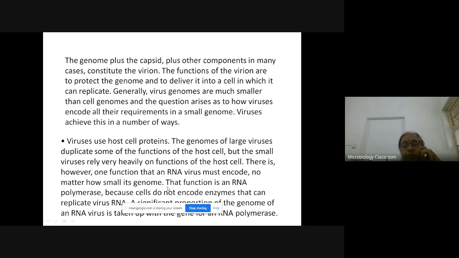The question over here is, how is it that the proteins or the ribosomes or the cellular machinery, the enzymes of the cell itself, whether a eukaryotic or a prokaryotic cell, are now responsible for decoding of the genetic material of the virus? As we all know, the DNA of the viruses are foreign particles to the host cell.